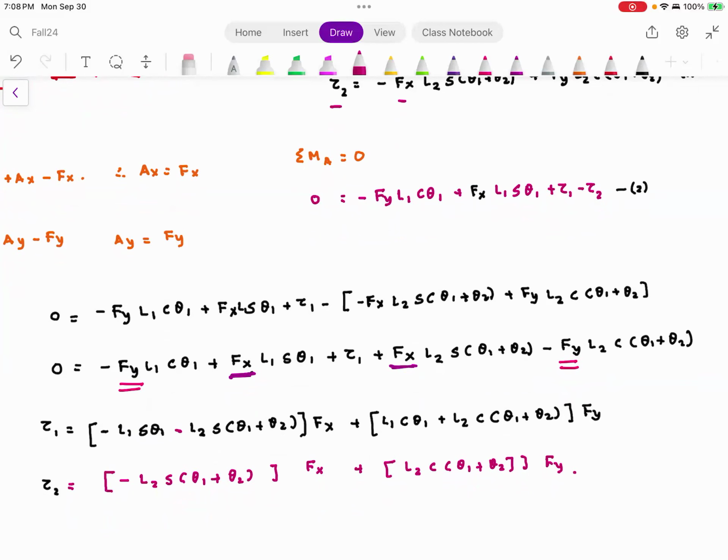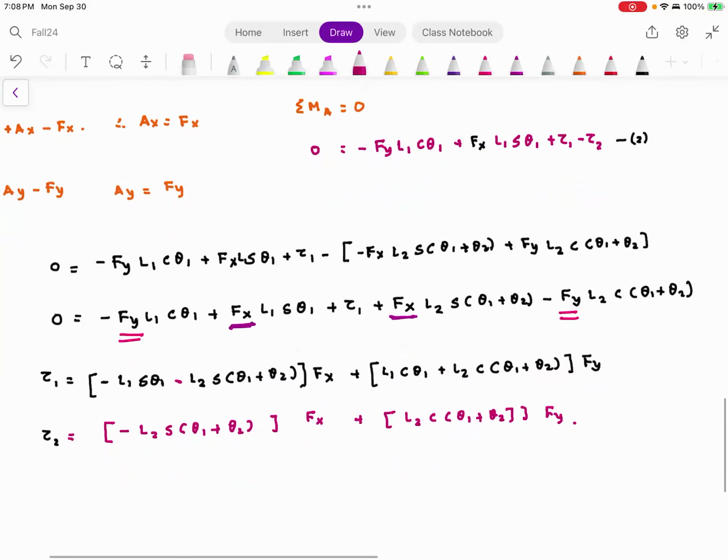Now, what this means is I can write these two expressions in a matrix vector form.